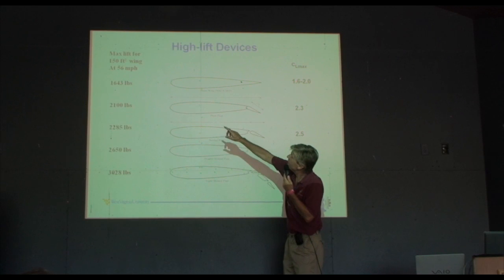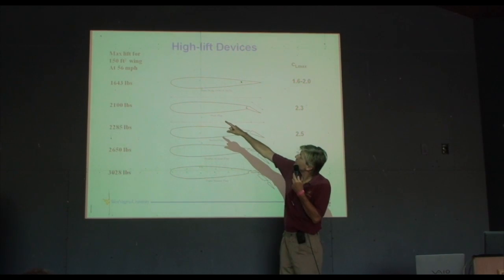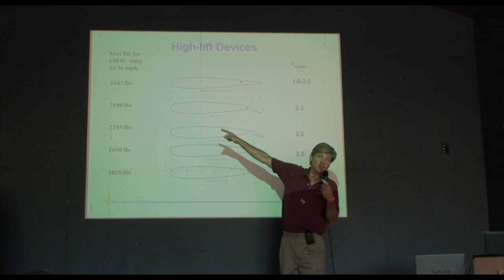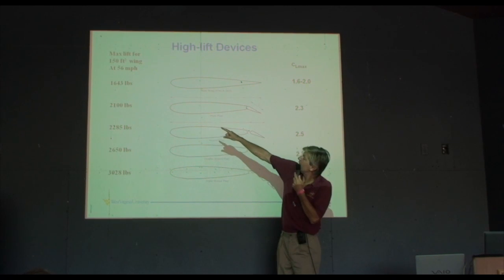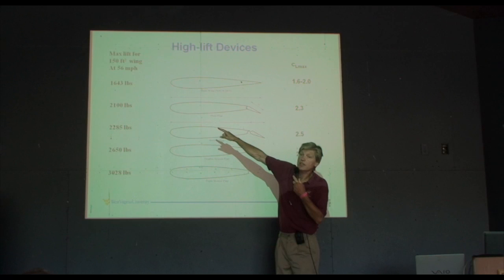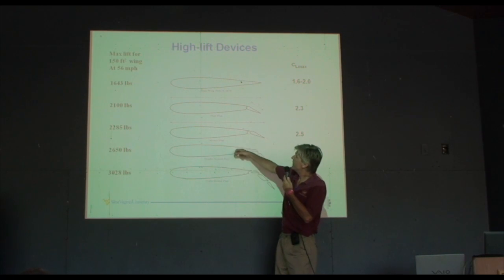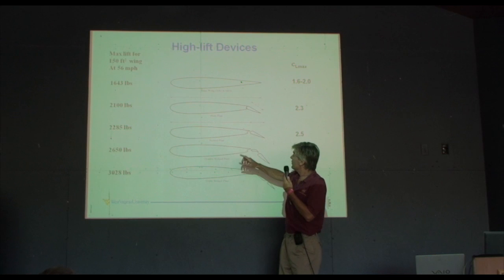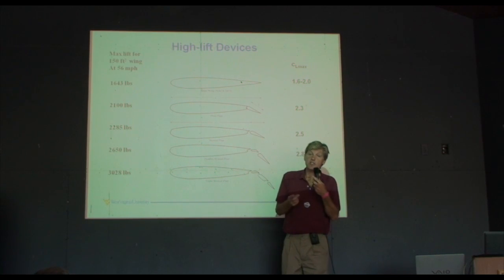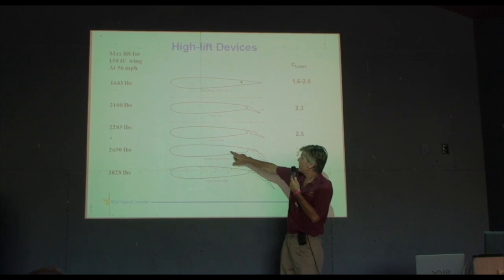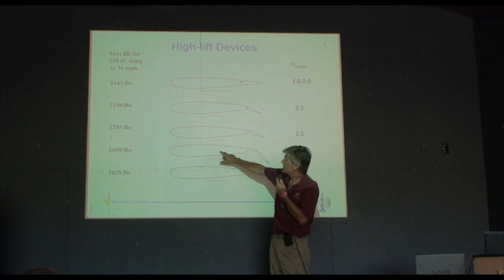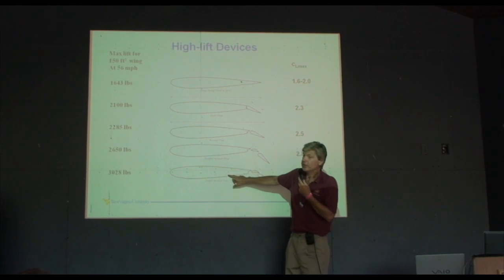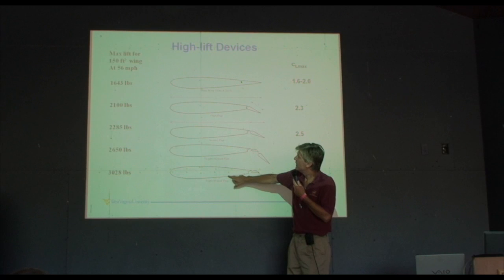Now, over here, if you're flying along at 56 miles an hour and you have 150 square feet of wing, this is how much lift you will get from these configurations. The airplane we have, the gross weight is 2650, so we're right here. We produce lift equal to the weight, 2650. This one here would produce 3028.